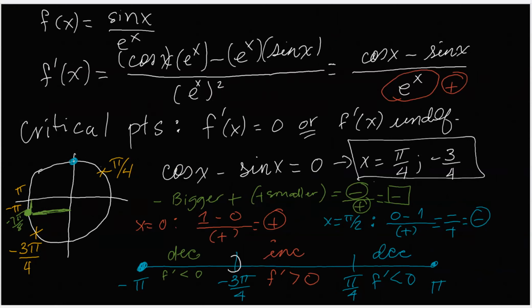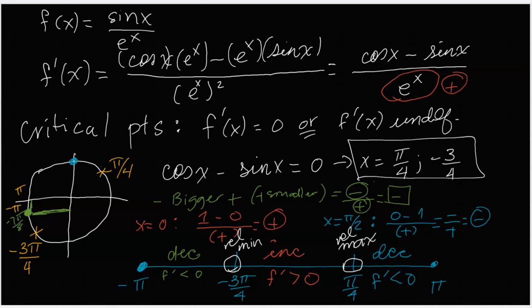So right here, when the derivative is changing sign, decreasing to increasing, you have a relative minimum right there. And then here, increasing to decreasing, so you have a relative maximum right here. We're going to go ahead and figure that out in a little bit. We need the actual point on the graph. So let's just leave it right there for now.